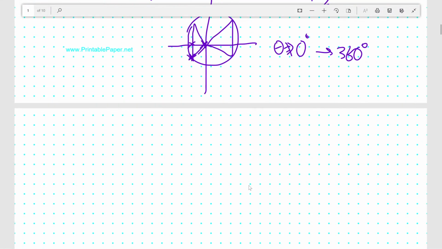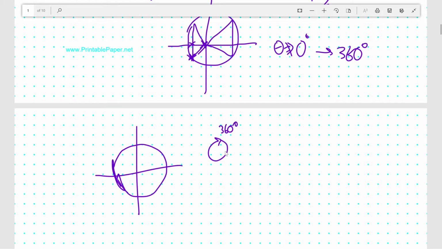In fact, theta can be any real number, because if you rotate the full way once, that's 360 degrees, or in fact it would be better to put the arrow here, because you are rotating this way through the graph. For example, this is your theta. But the thing is, with 360 degrees, you end up with the same thing as 0 degrees.